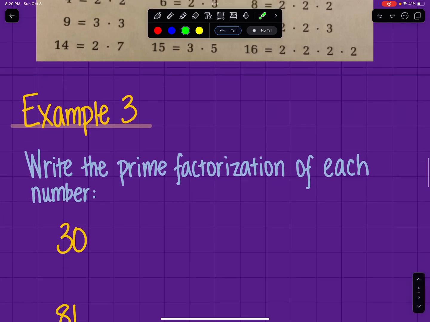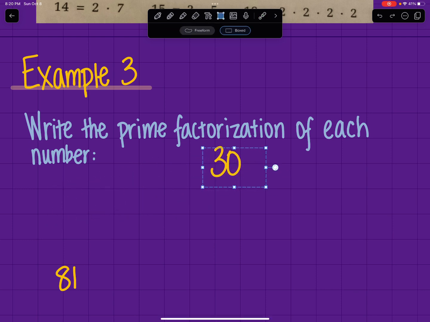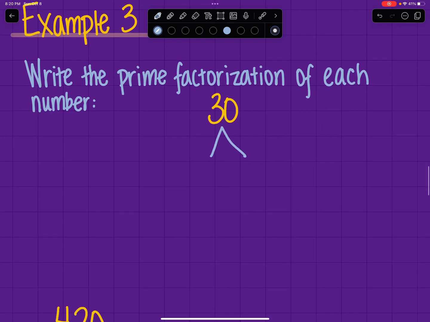Let's do example 3 and then you'll get it. Write the prime factorization of each number. Now there are 2 ways to do this, and the way that I like to do it is this. You take the number they want us to factor. I'm going to get rid of that 81 right there to make it easy. And there are 2 methods. I like the factor tree. Factor tree means that you break this down into a multiplication problem that you know.